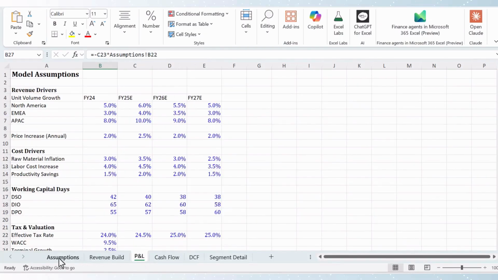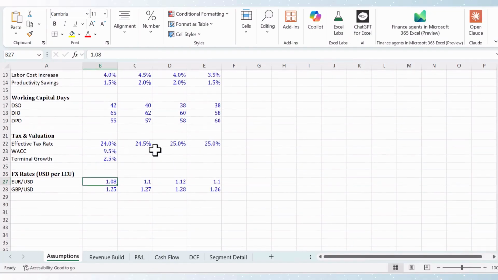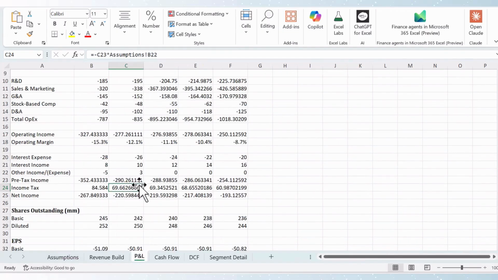Okay, so here the tax rate actually changes for the year, but the model by error is picking the tax rate for the year 24 only.